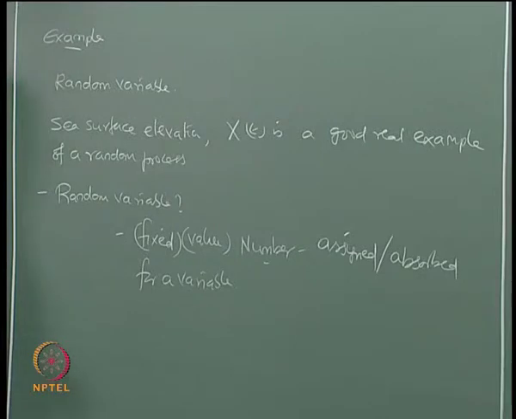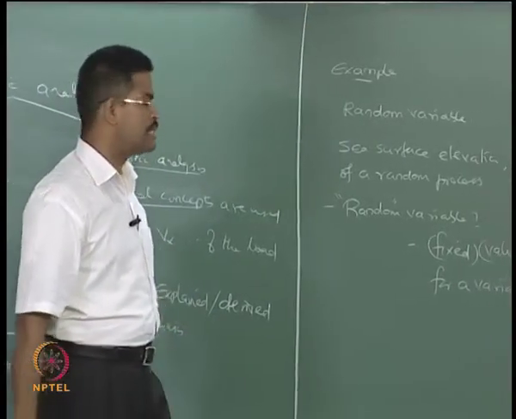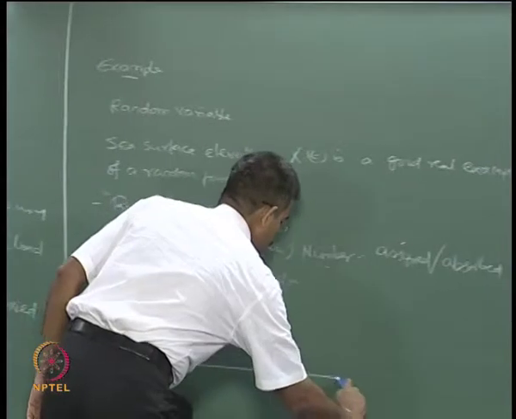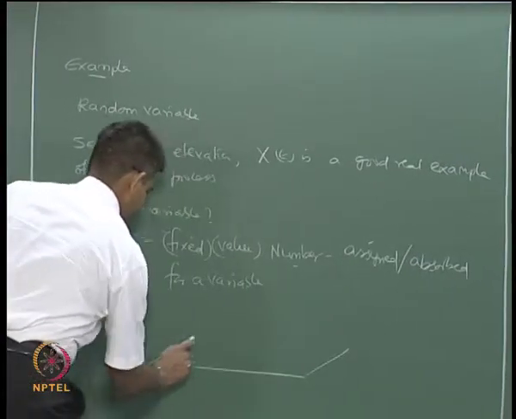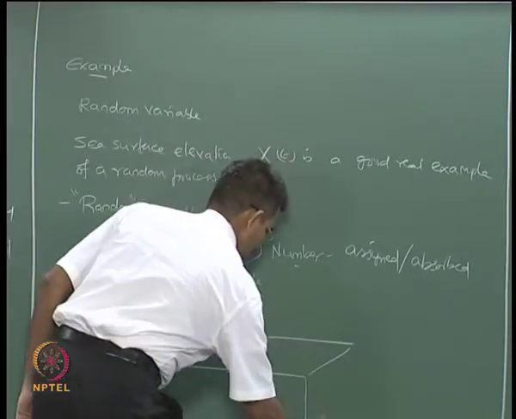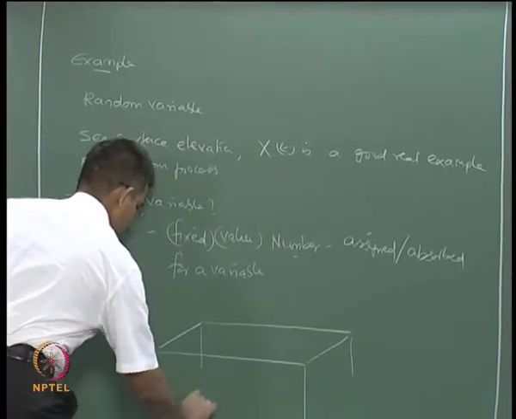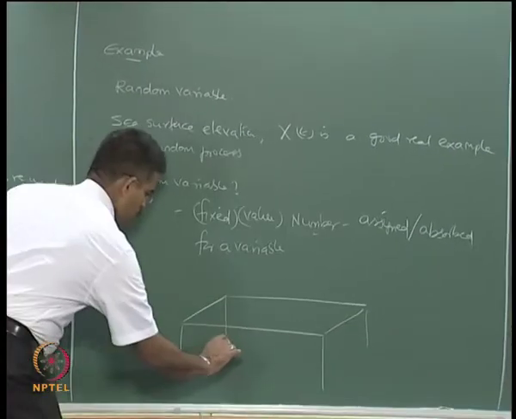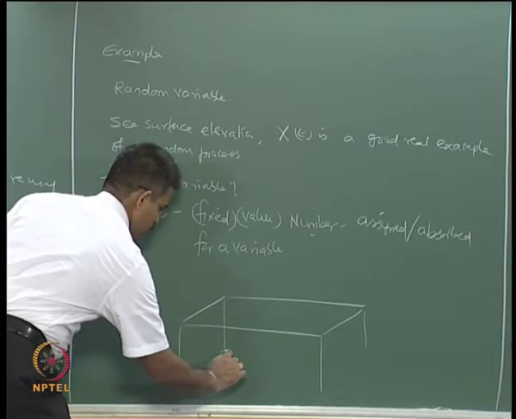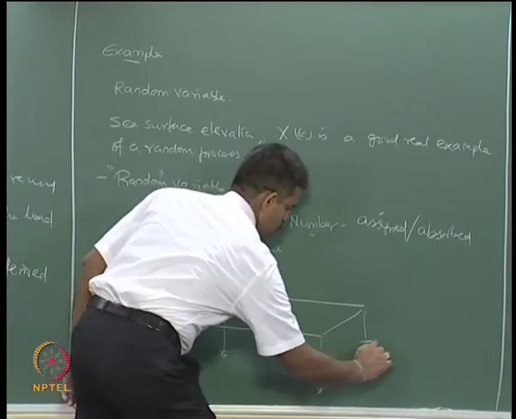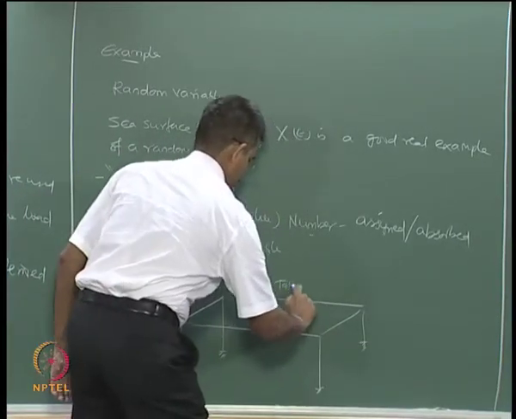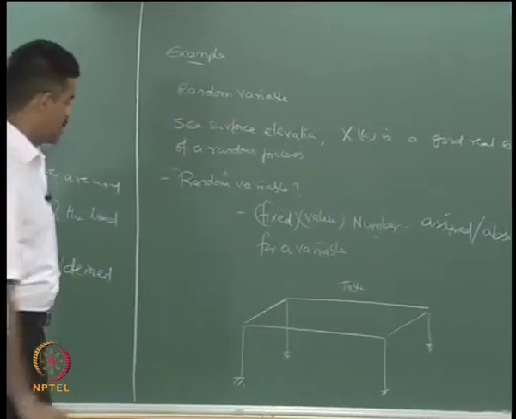Now the question comes, why is it called random? The random term is associated because you do not know the number. For example, let us say I have a table in front of me. I want you to guess the length of the table.